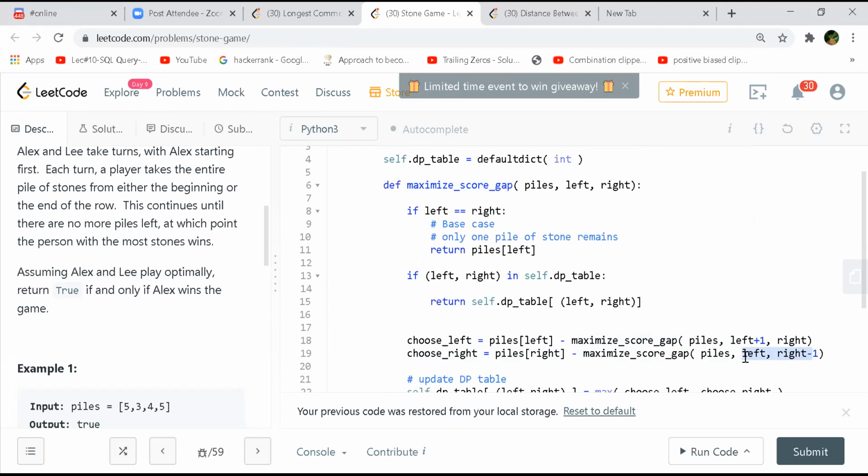We have different variants of stone game, right, Abhishek? So we should not worry too much about this problem. Some are also using a similar kind of approach, but slightly different.